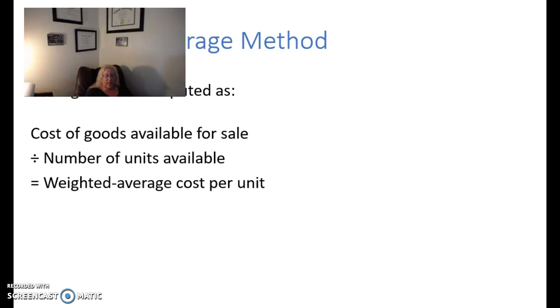And again, each time new items are purchased, the weighted average cost per unit will have to be recomputed. However, when the units are sold and removed from the inventory at their weighted average cost per unit, the number of units may decline, but the weighted average cost of the remaining units will remain the same.